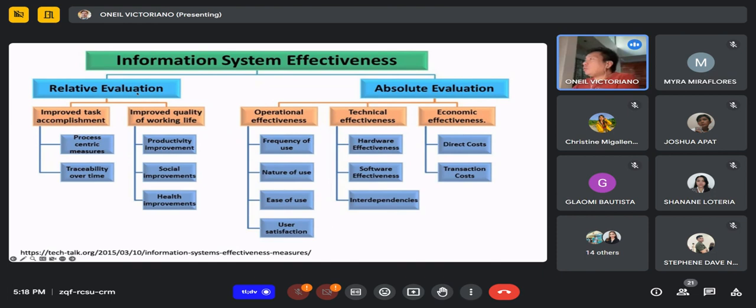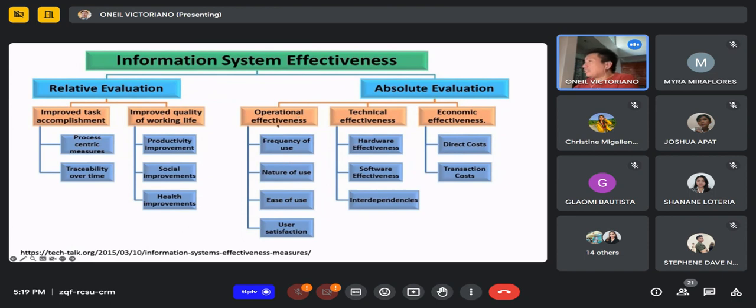And there are two main evaluations to look into: we have relative and then we have absolute. More or less, relative might be quantitative in nature, while absolute might be qualitative in nature.